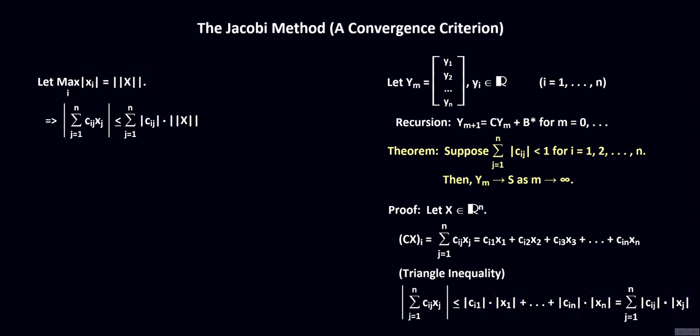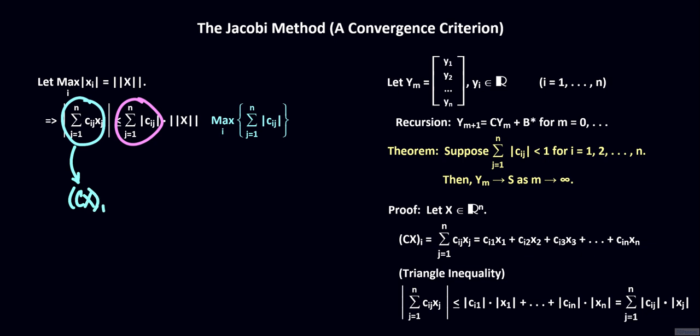Now this time, suppose that out of all these sums within the matrix C, we pick the row with the maximum sum of the absolute values of its entries. Since this quantity inside the absolute value is the ith component of C times x, the absolute value of the ith component of C times x is less than or equal to this maximum sum times the norm of x.